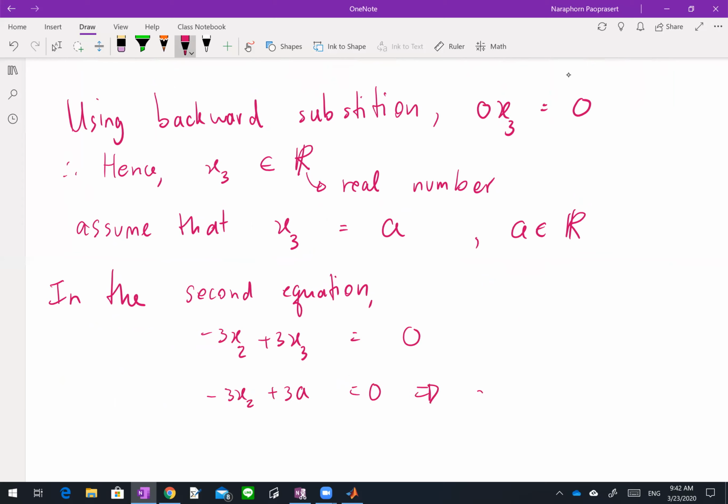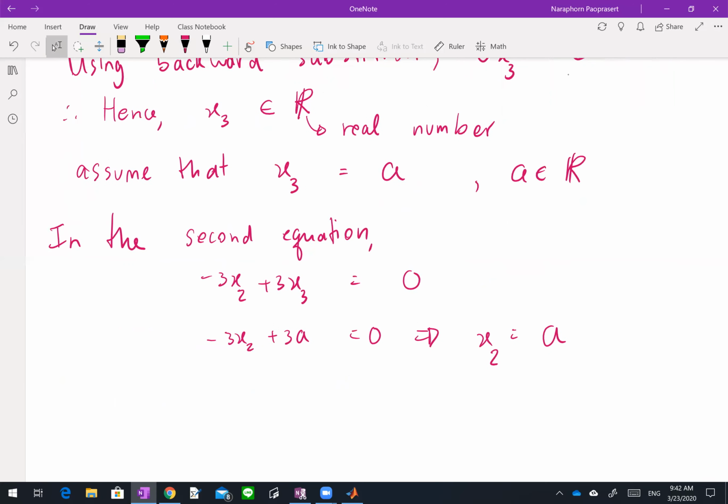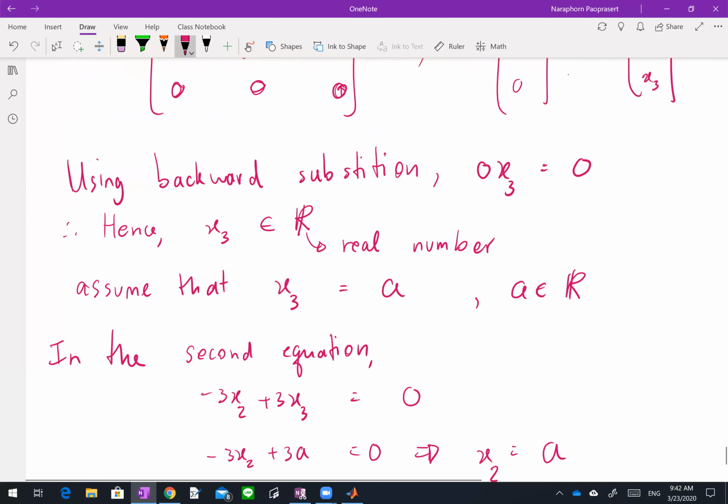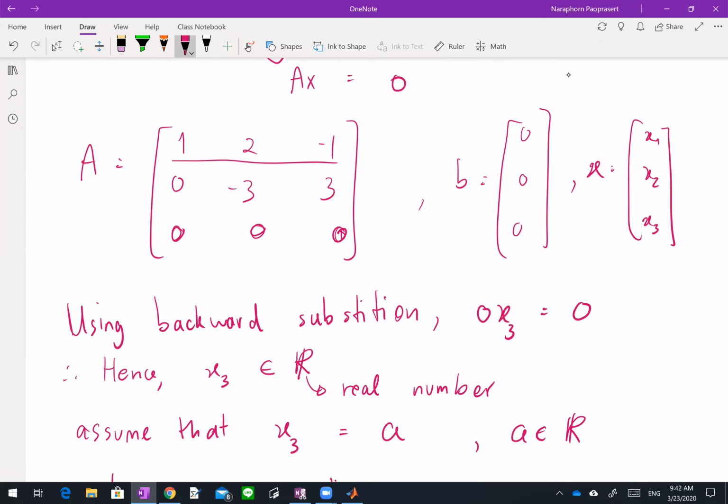So that means your x2 is just a, right? Solving this equation, you get x2 equals a. Then again, you're moving up to the first equation. In the first equation, you have 1, 2, and minus 1.